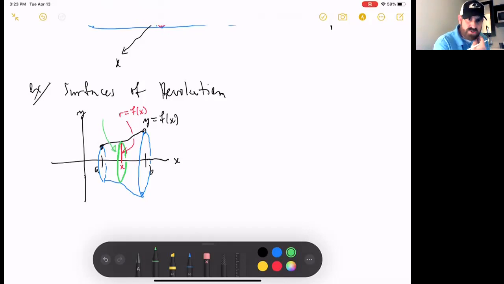So, hey, this is interesting. Where does this circle live? This circle has the x-axis through the center.